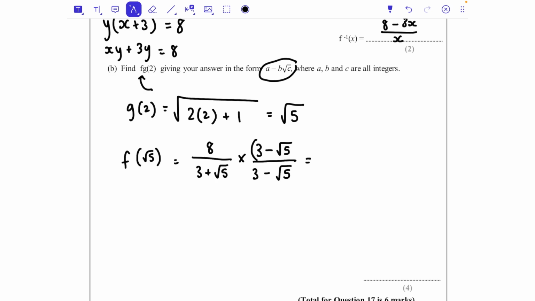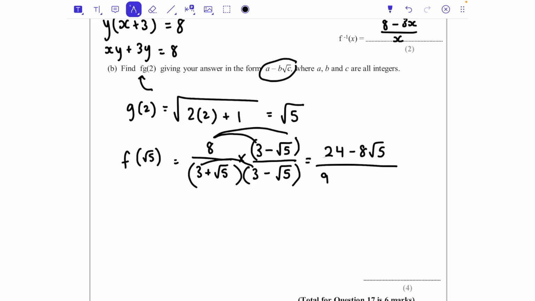Now, multiplying that out, I've got to do 8 times the first thing, 8 times the second thing, so that's going to be 24 minus 8 root 5. All divided by, and now on the bottom I've got 4 terms here, so 3 times 3 is 9, but then I've got 3 times minus root 5, and then I've got root 5 times positive 3, so we'd get minus 3 root 5 plus 3 root 5, which is just going to cancel out, and then I've got root 5 times root 5, which is just minus 5, so that becomes 4.